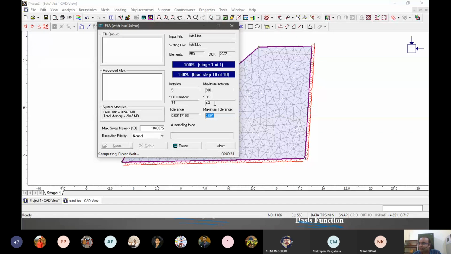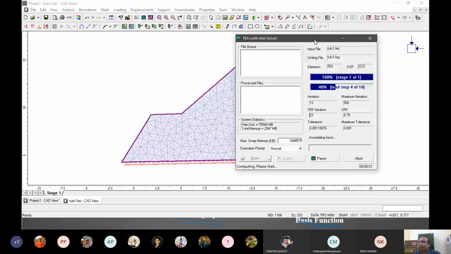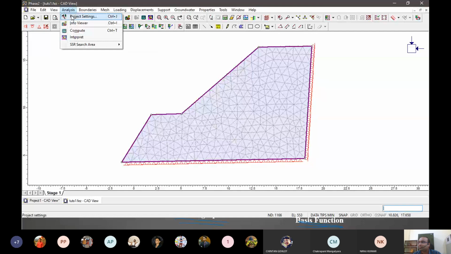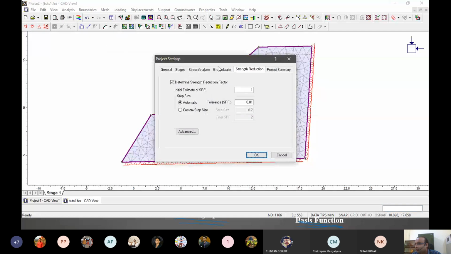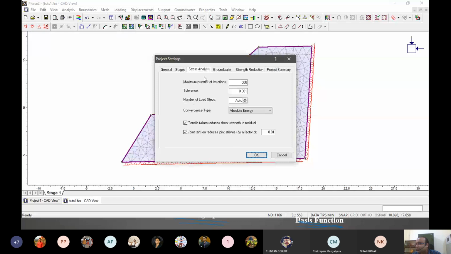That strength reduction factor, called the critical strength reduction factor, will be its factor of safety. For this case, it is reaching even more than 8 or wherever it reaches. There is a certain number of iterations we have kept. If I see in analysis how many iterations we have, oh, we have 500 iterations.